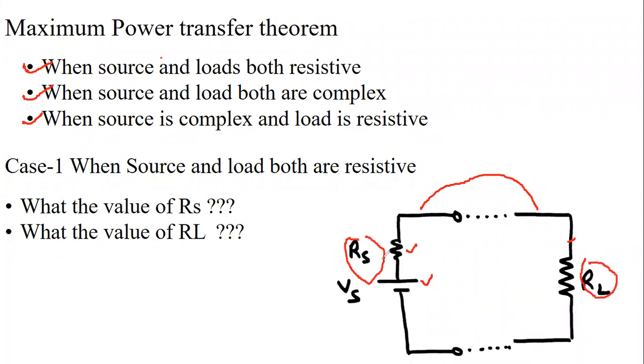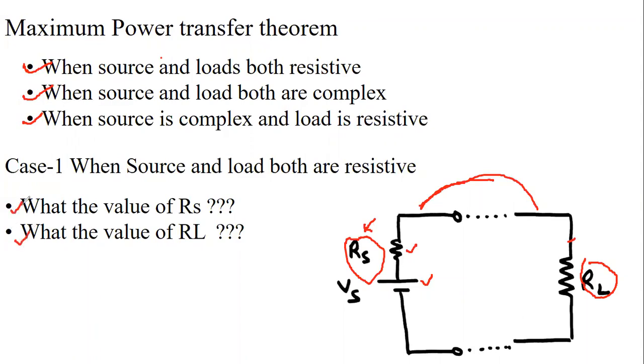What should be the value of Rs and Rl, that is, what is the condition for transferring maximum power from source to load? If it is possible to change the value of Rs, what should be its value so that we can transfer maximum power to the load? And second, what is the value of Rl?